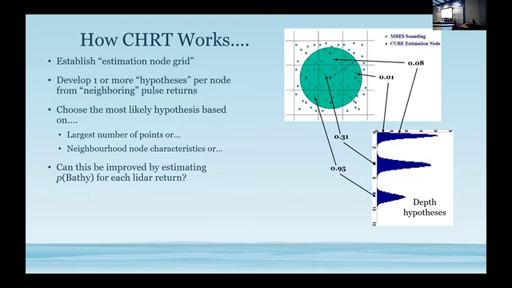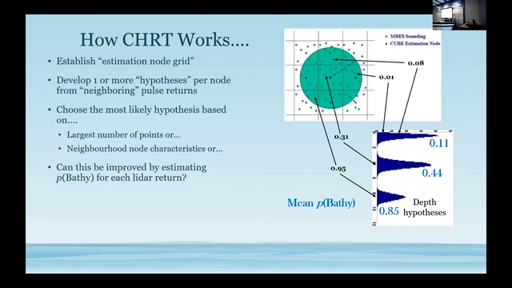Once I do that, I can look at the hypotheses that have been generated and look at something like the mean probability of bathymetry, or there are other metrics that can be used. I can say, not only do I have these three hypotheses, but the highest average probability of being bathymetry is that one, so I will assign it to that depth hypothesis.